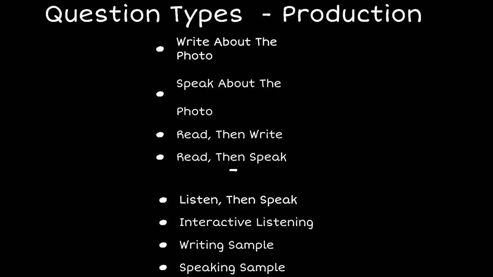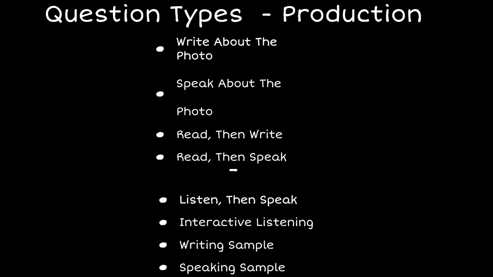So let's briefly talk about the question types. Number one is write about the photo, number two is speak about the photo, number three is read then write, read then speak, listen then speak, interactive listening, writing sample, and speaking sample.